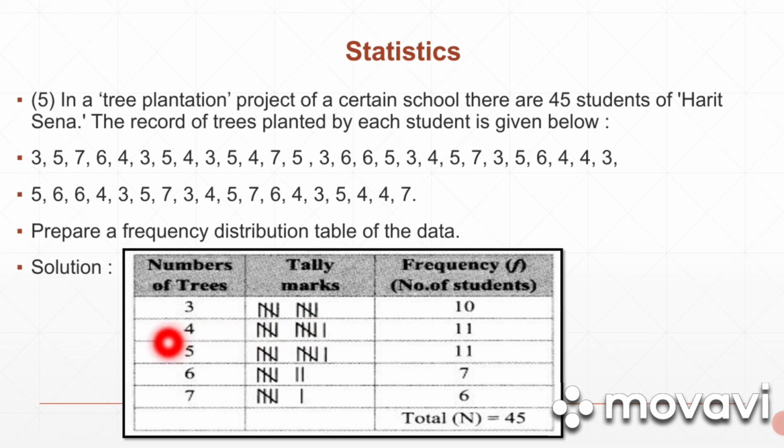The number of students who planted 4 trees are 11. The number of students who planted 5 trees is also 11. The number of students who planted 6 trees is 7. And the number of students who planted 7 trees is 6. Therefore, the sum of all frequencies, that is capital N, is equal to 45.